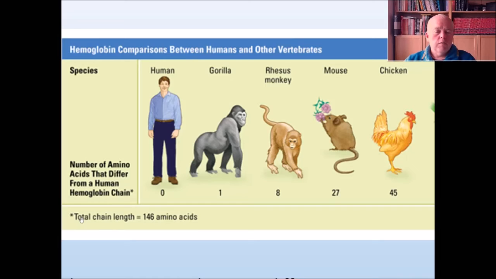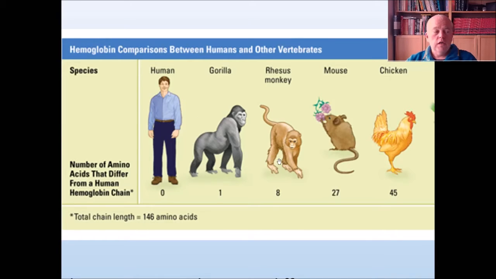So we've got 146 amino acids in total in this particular hemoglobin chain, because it's a quaternary structure protein, so there's more than one kind of primary sequence involved. Obviously humans don't have the same hemoglobin amino acid sequence as other organisms. Gorillas have one amino acid that is different compared to human hemoglobin.